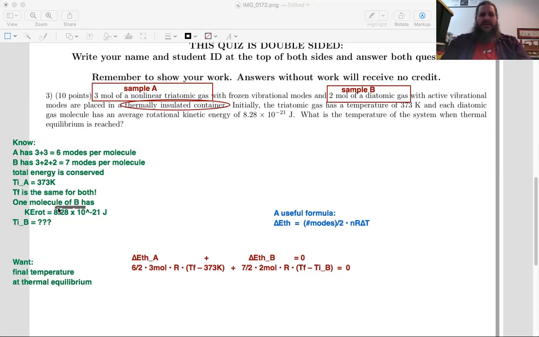Is there any way we could use that rotational kinetic energy to find the temperature? Or how could we relate the energy per molecule to the temperature of the substance?